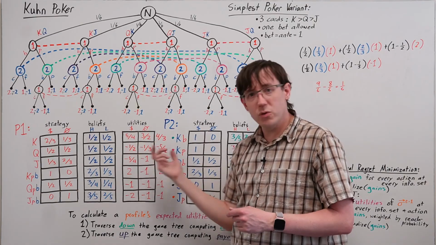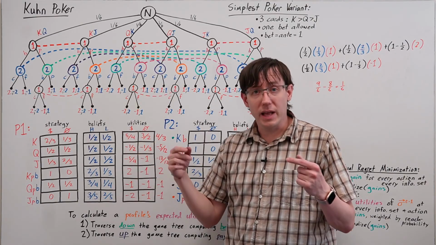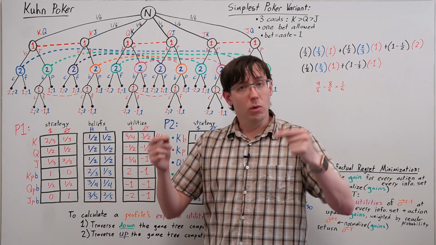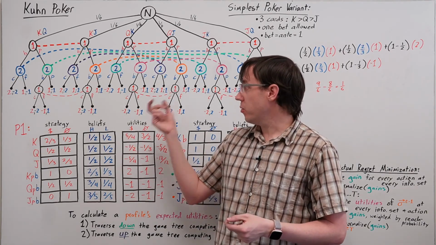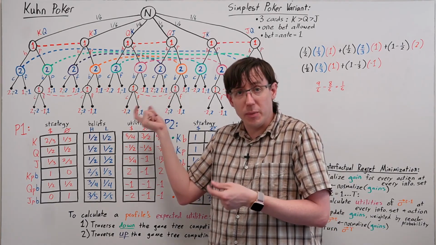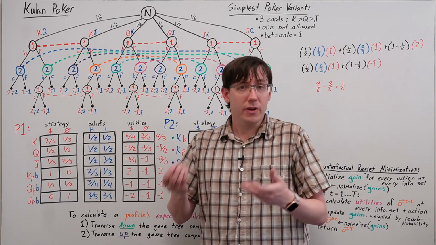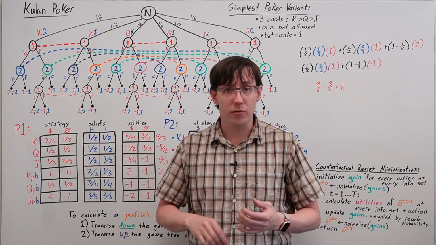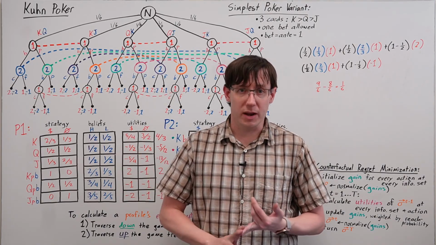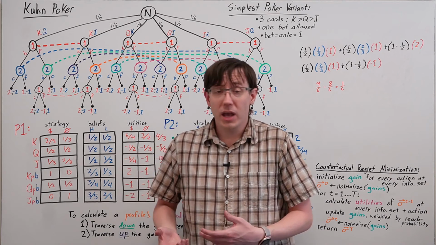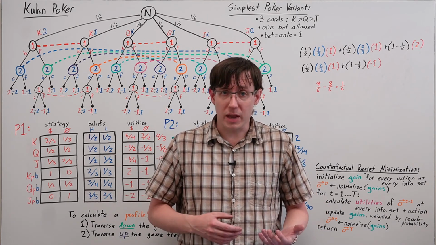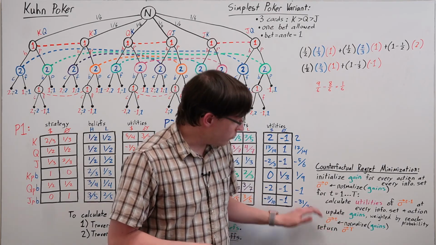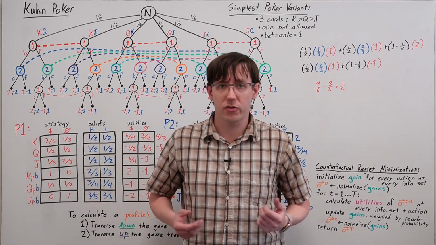Then, using those expected utilities, we will calculate gains for every action. Then we will weight those gains by the probability of the information set occurring. And finally, we will add the gains to a cumulative gain that we are tracking for every action and information set. And once we have updated all of those cumulative gains, we will do another normalization to get a new strategy profile for the next iteration.